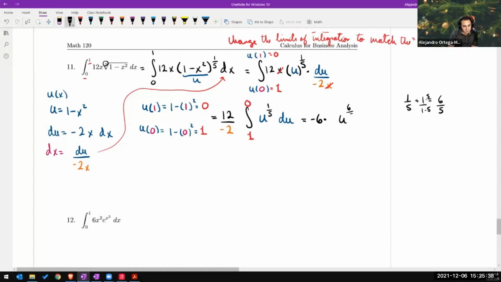Okay, to the 6/5. And with the trick, it's 6/5, but the 5 just multiplies here. And we're evaluating that as the u, where u is equal to 1 and 0.